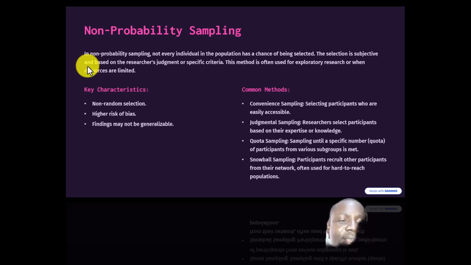The characteristic is that it is not random. There is higher risk of bias. Findings may not be generalizable in this case. Another category of sampling that falls into this type is the convenience sampling.